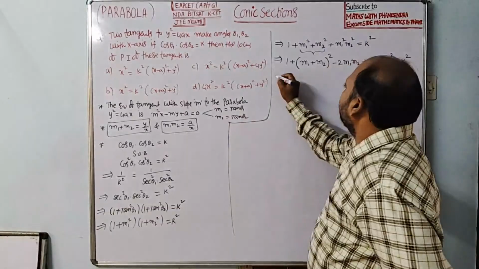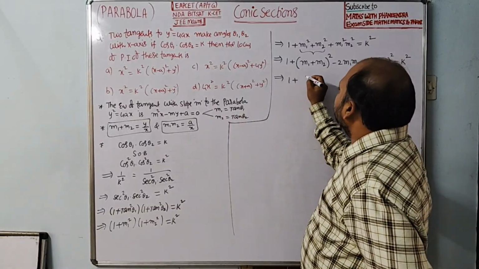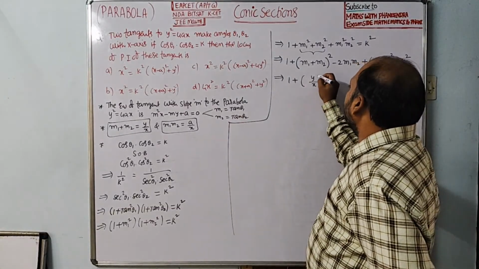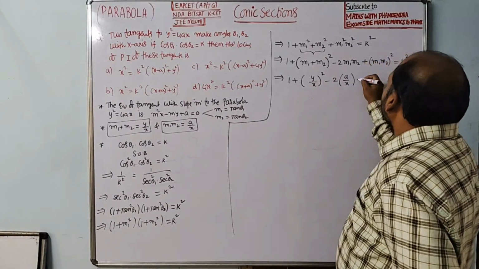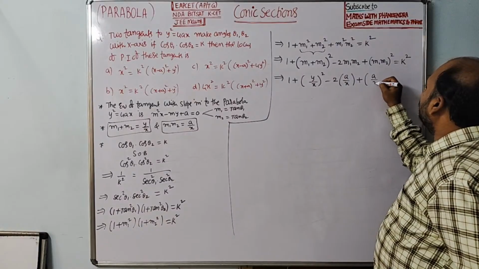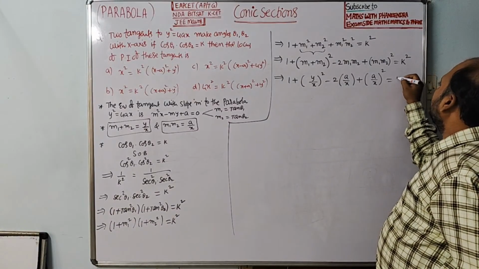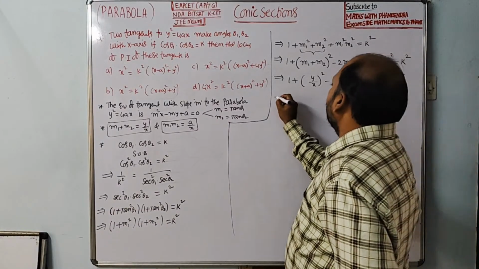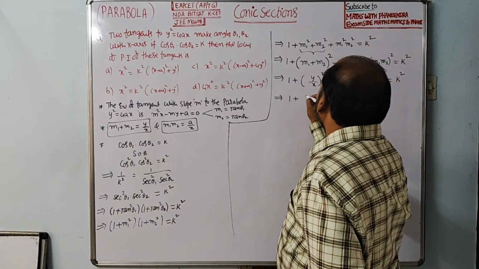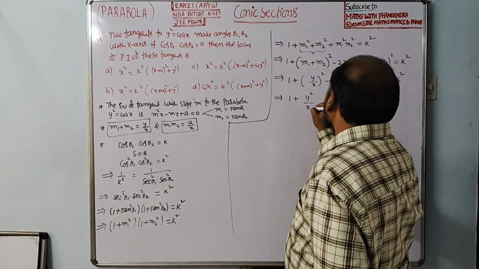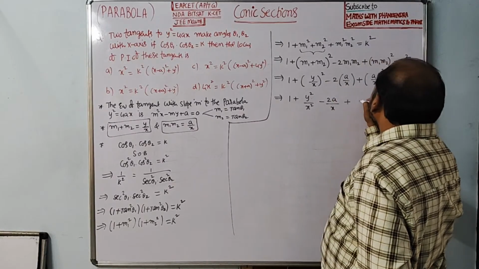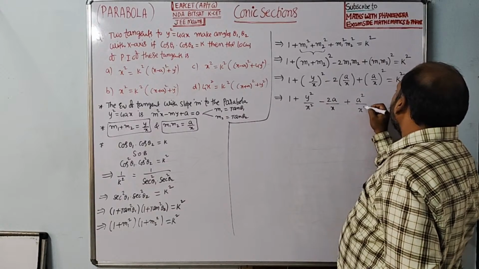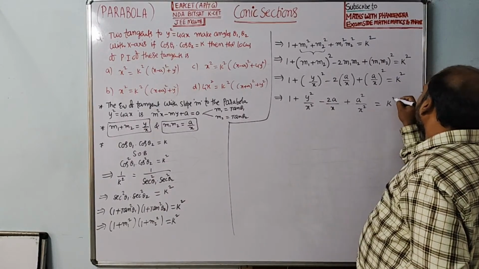So 1 plus y by x whole square minus 2 into a by x plus a by x whole square is equal to k square. Simplifying, 1 plus y square by x square minus 2a by x plus a square by x square is equal to k square.